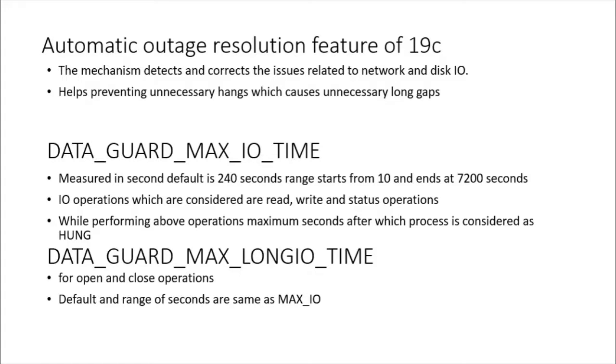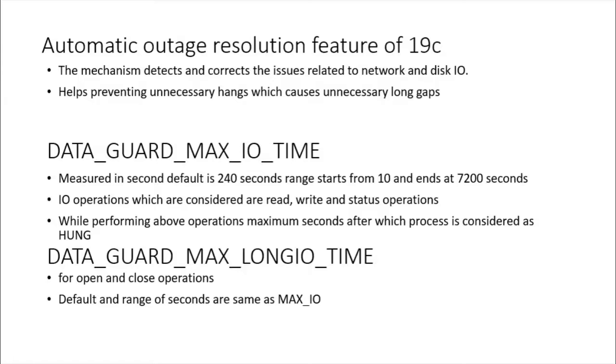In the same way, DataGuard max long I/O time is the same as DataGuard max I/O time, but it is for open and close operations, which are considered as long I/O operations. The default and the minimum and maximum range are the same as max I/O.